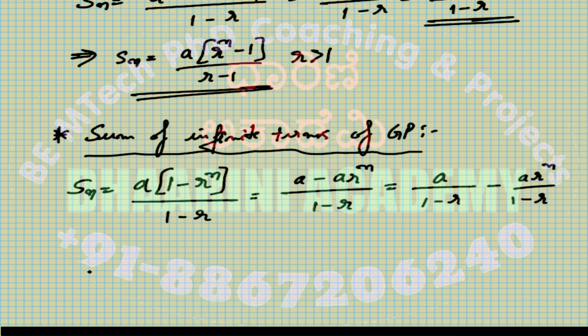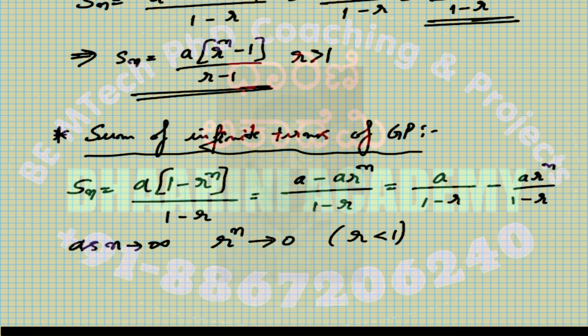Now let us say I want to calculate infinite terms. As n tends to infinity, that means I'm calculating infinite terms. What happens to r to the n? It becomes 0, because this is for r less than 1.